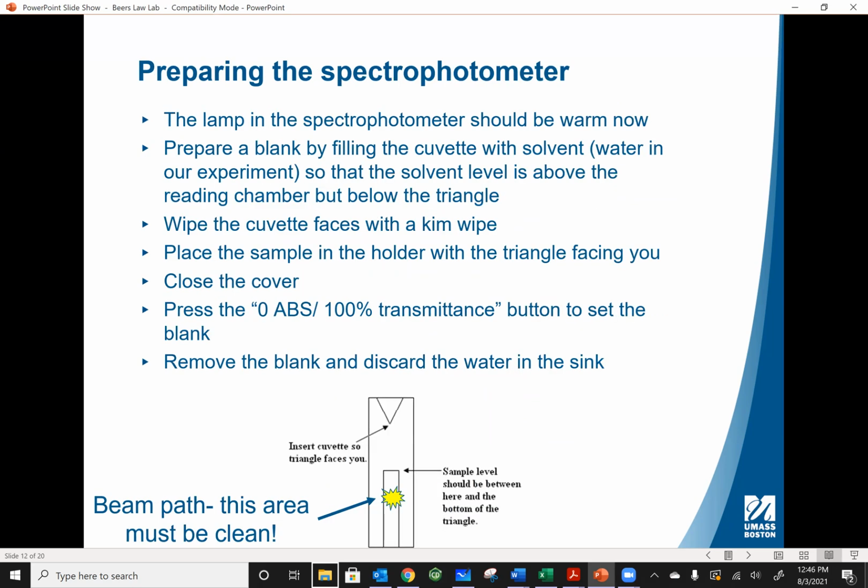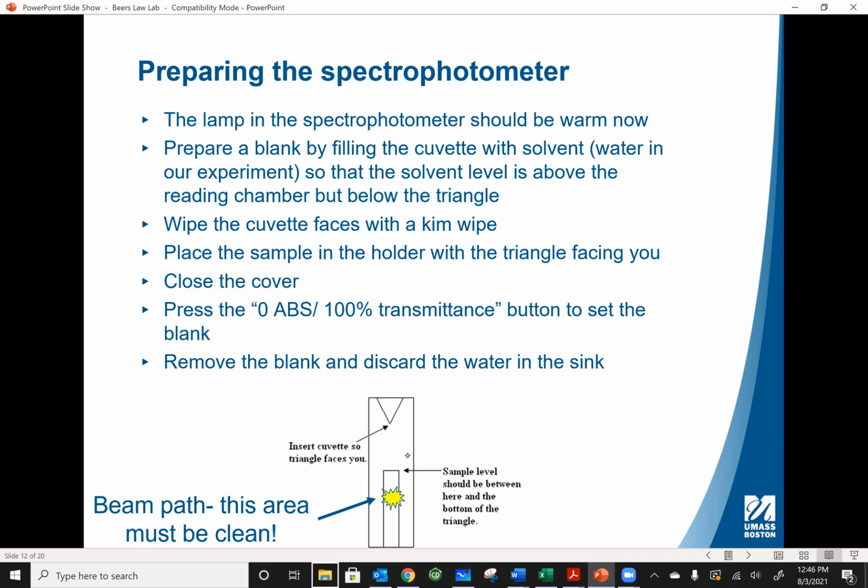Okay. So when we prepare the spectrophotometer, once the lamp is warm, it just takes a few minutes. We first need to blank our spectrophotometer. What that means is we will fill the cuvette with deionized water. And we want to make sure that the sample is filled in between this little triangle and this little rectangle here.